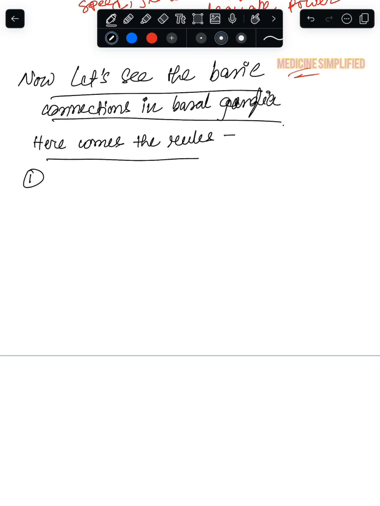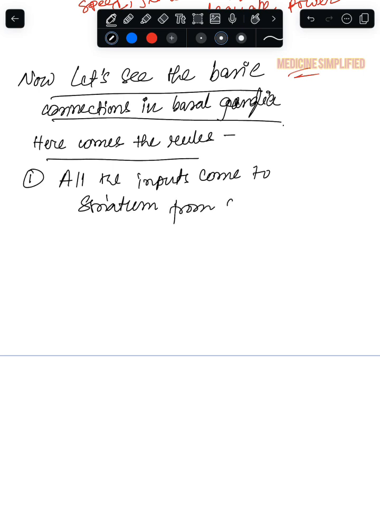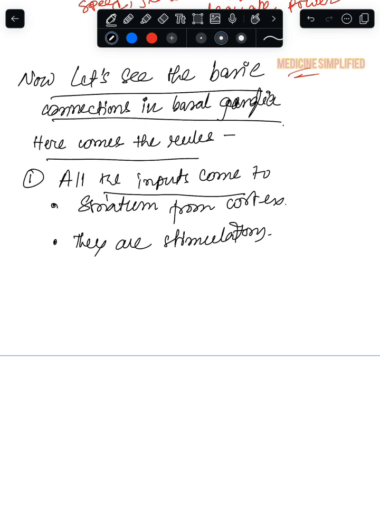Number 1, all the inputs come to striatum from cortex, and they are stimulatory.